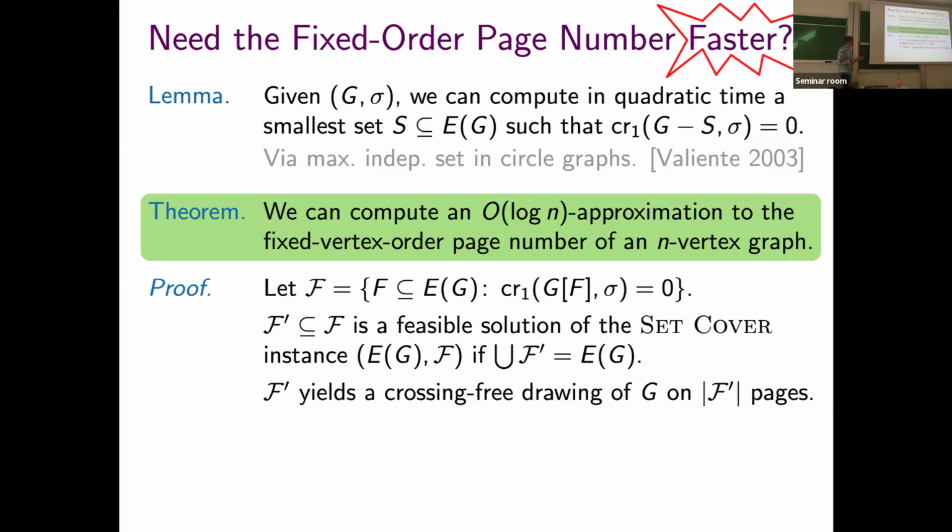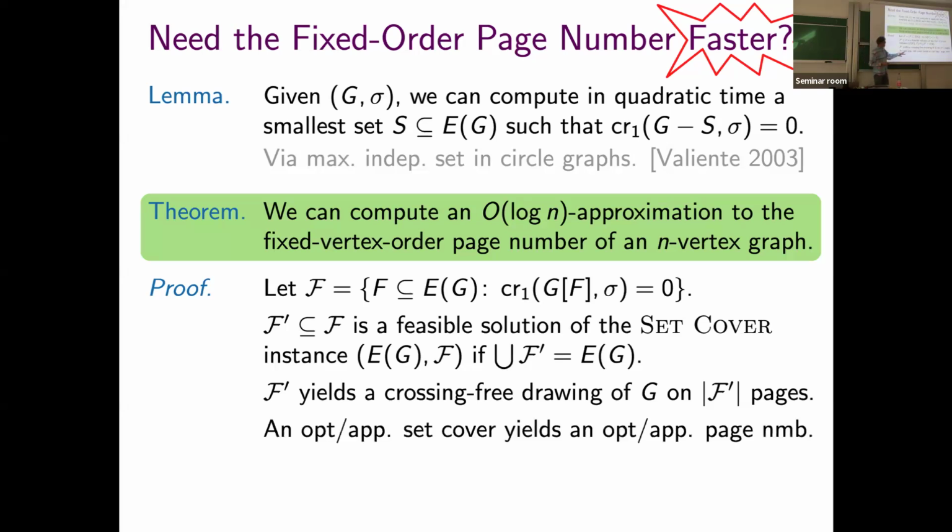But that means that any optimal solution of this set cover instance, where we have to cover all the edges by subsets from F, yields also an optimal drawing in terms of the page number, and any approximate set cover solution yields an approximation of the page number.